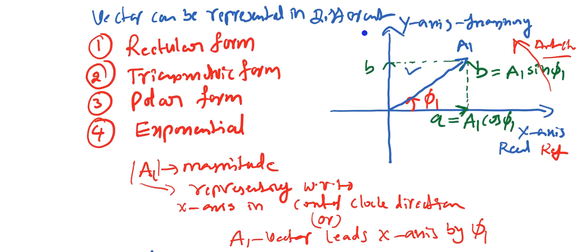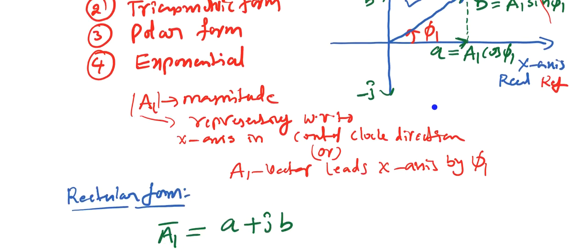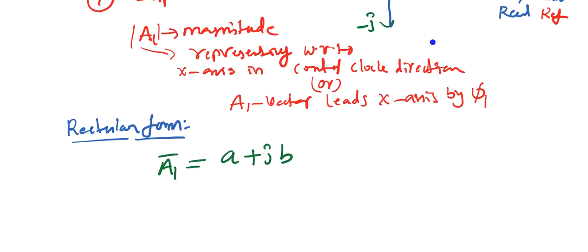Why is it j? This is the plus j imaginary axis, and this is minus j, which is going along the y-axis. So you can represent it: your real part plus your imaginary part is going to be a complete vector. So it is composed of these two terms, a plus jb.